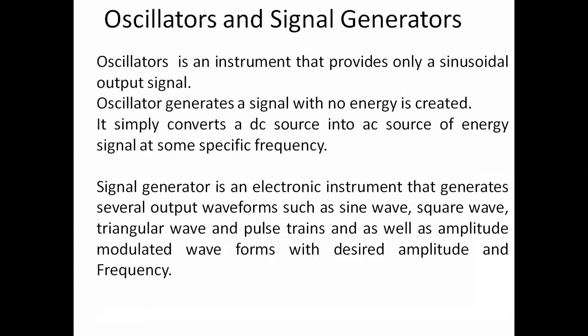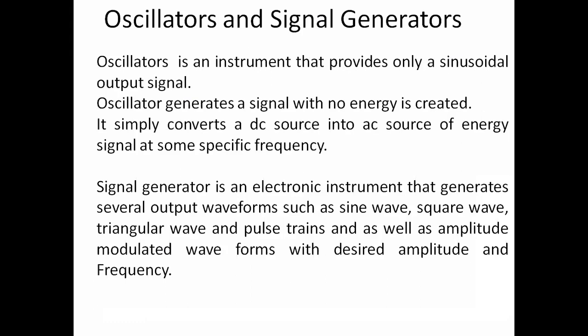The first one is oscillators. What is an oscillator? Difference between oscillators and signal generators. An oscillator is an instrument that provides only a sinusoidal output signal. Generally, an instrument which produces a sine wave signal will be considered as, or used as, an oscillator. So an oscillator generates a signal, with no energy created.